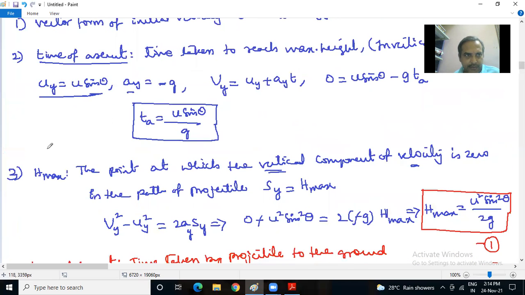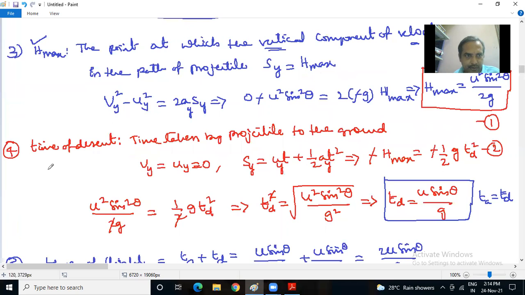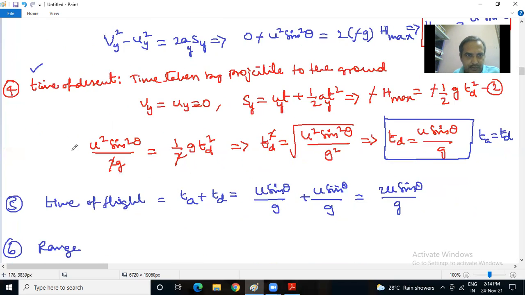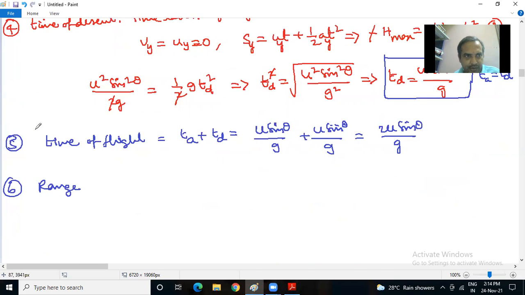Here, time of ascent, maximum height, time of descent, even time of flight, they are all in vertical direction. So range will be in horizontal direction.